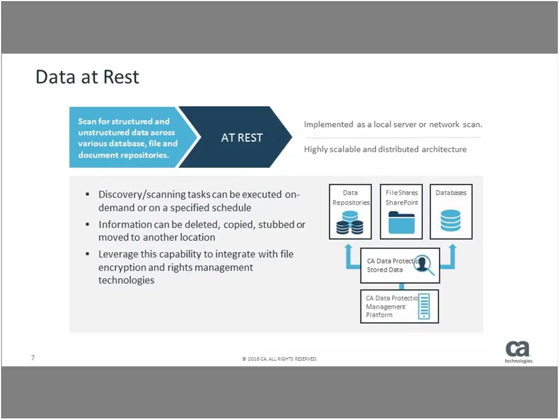Coming to data at rest. For data at rest, we have a scanning tool called the file scanning agent, and it can protect and control data stored in shared folders, file and document repositories like Exchange public folders, ODBC database sources, and Microsoft SharePoint.